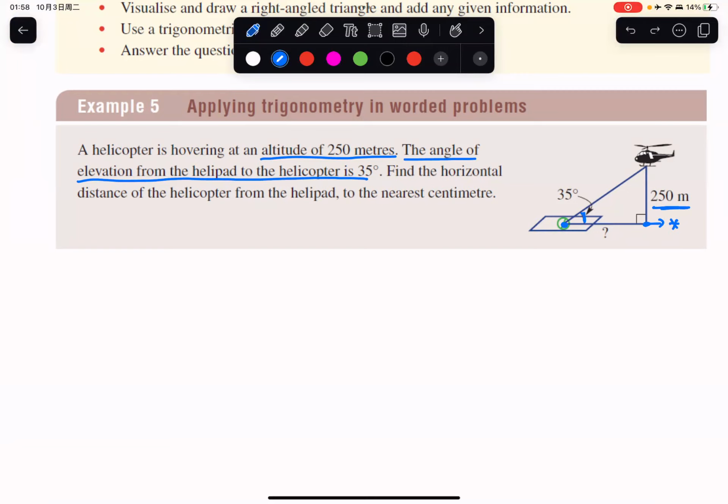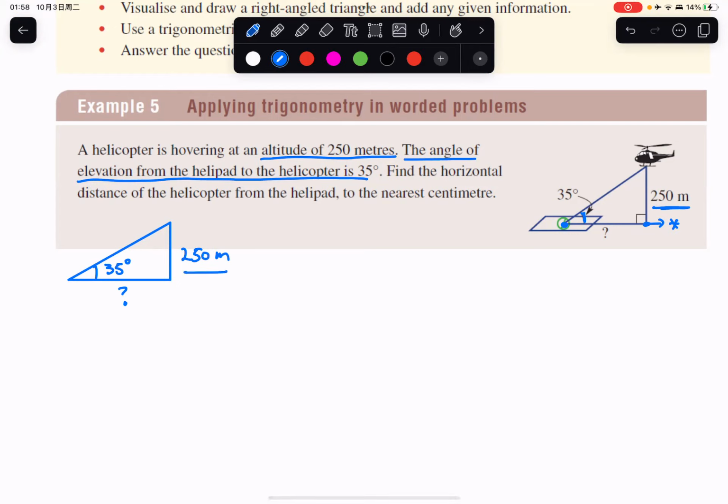Now we can use a right-angled triangle, so I just sketched that one. This side is 250 meters, this angle is 35 degrees, and it's asking for this side. You can see it's exactly the same as the last question we did in 4A.